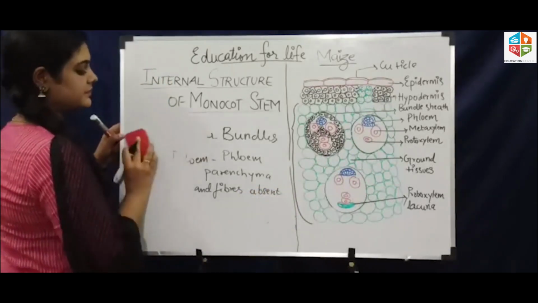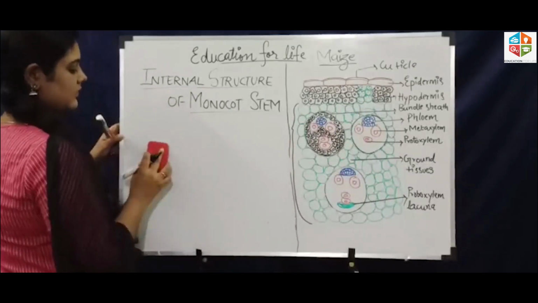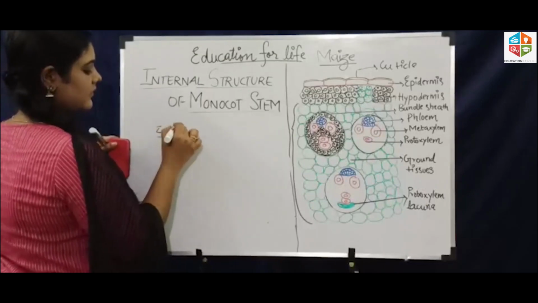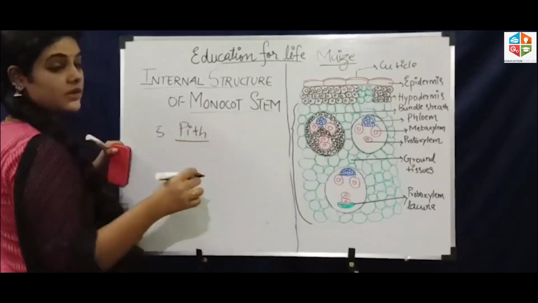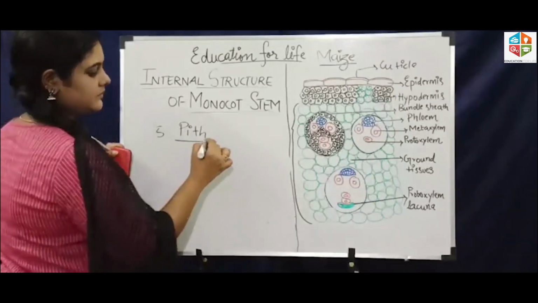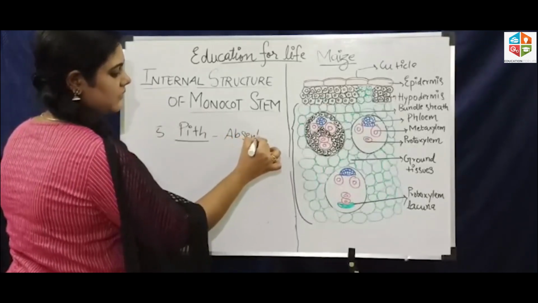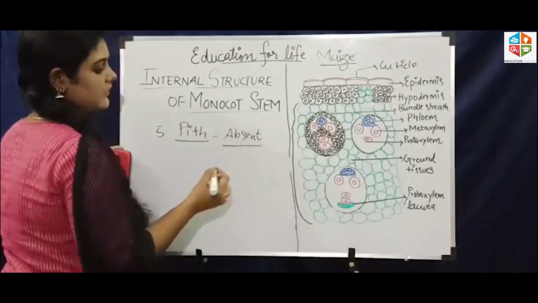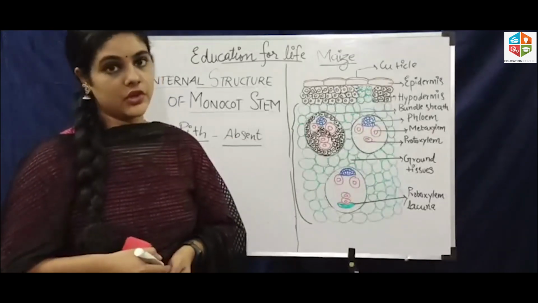Next one, pith is absent in monocot. So this was all about the internal structure of monocot stem.